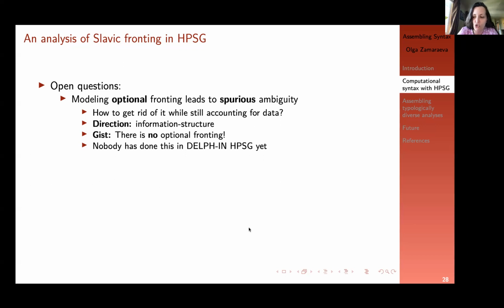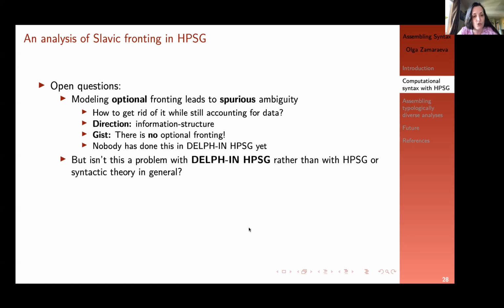The information structure is this study of what information is new in a sentence, what information is assumed in a sentence, and there is a body of literature in syntax which looks at constituent questions from the information structural perspective, but nobody has so far implemented that in HPSG. So that is an open direction to try.